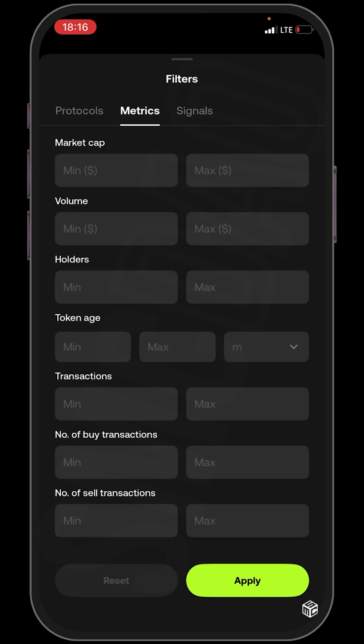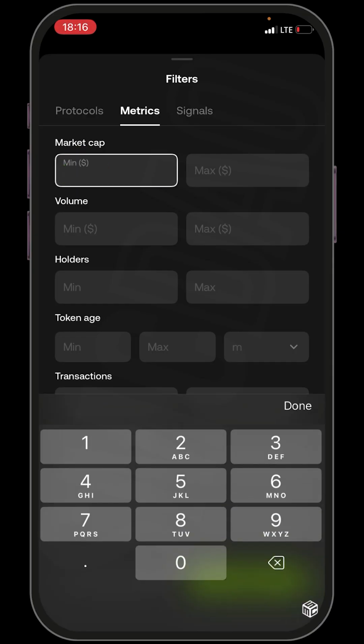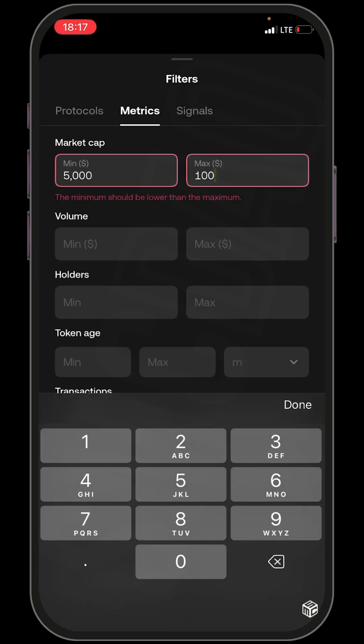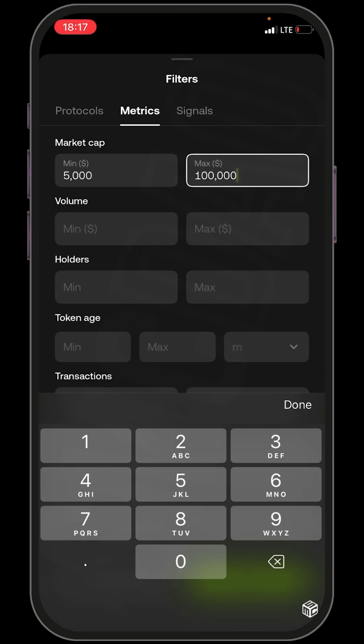Signals is where you pick exactly what type of notification you want to see, like a heavy buy or a sell-off. Okay, so if you don't want a token below 5,000 market cap, you just input a minimum of 5,000 here, and perhaps if you don't want it above 100,000, you input 100,000. Okay, and you input your desired volume, minimum and maximum, and also your minimum holders and maximum holders.